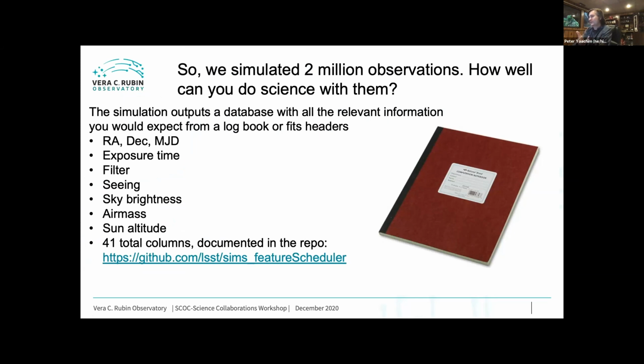So we're not giving you pixel data, but we're giving you the metadata: the RA, Dec, time that things happened, how long it was, the filter, the air mass, the sun altitude. We've got 41 total columns, and they're in the repo if you want to see all the data there. But it's all the things you would typically expect information about an exposure.